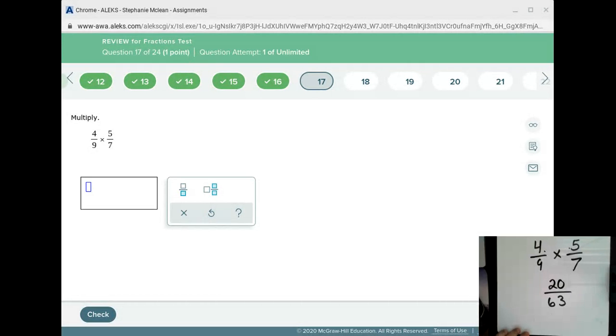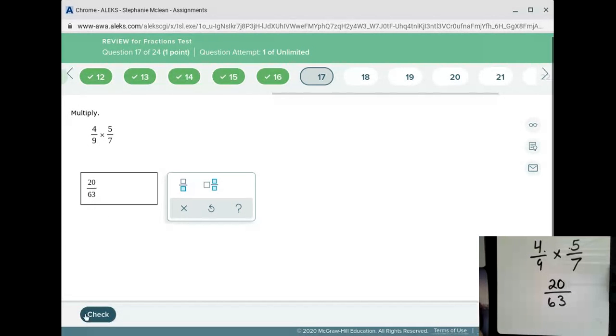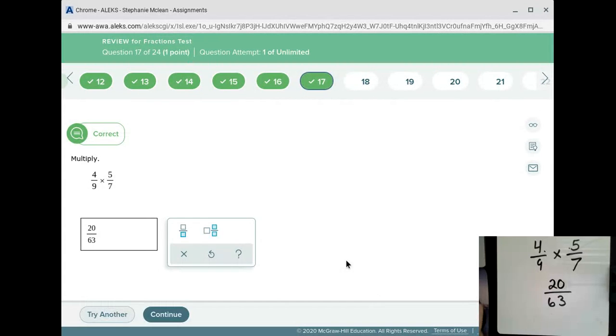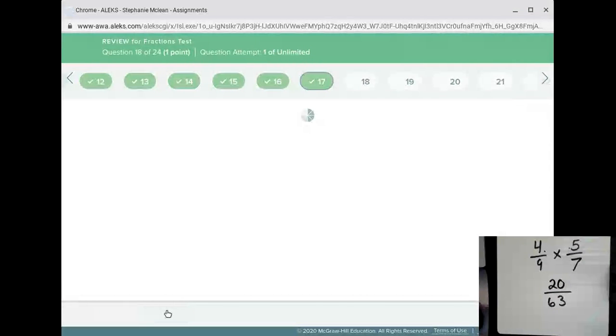So my answer is 20 over 63, because if there's no common number that goes into both of them, I cannot reduce. All right.